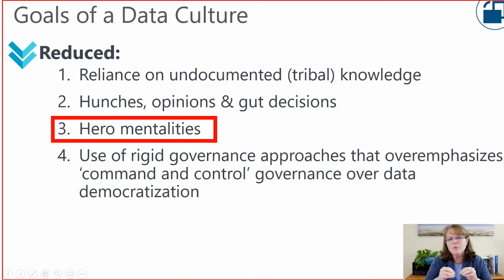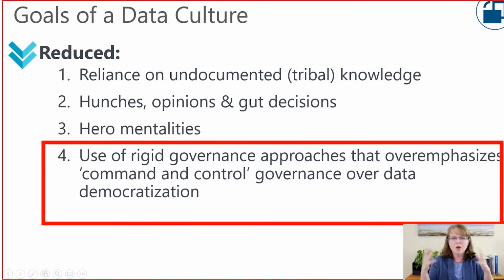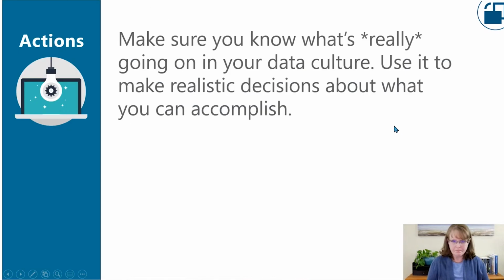So we want to reduce over-reliance on those sorts of behaviors by training and supporting more people to work with data directly. And then reduce the overly rigid governance approaches. So at this point, kind of just make sure you know what's really going on. And as you're working on a prioritized list of actions, what can you really realistically accomplish?